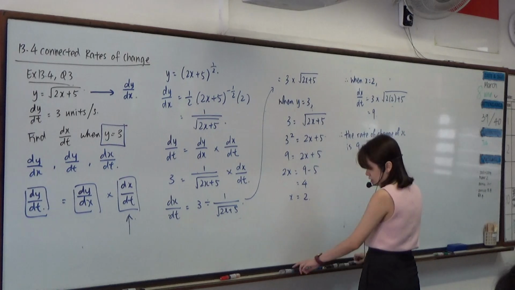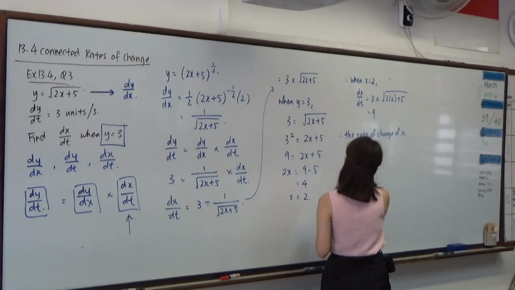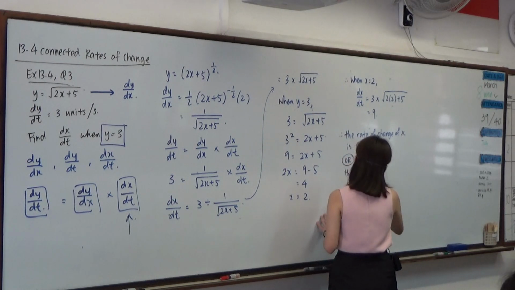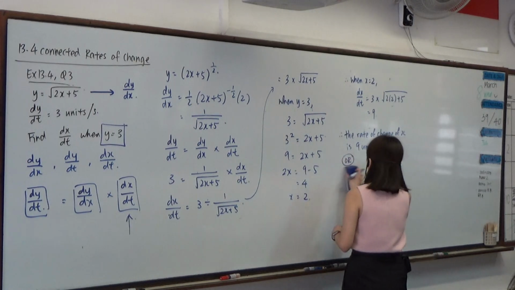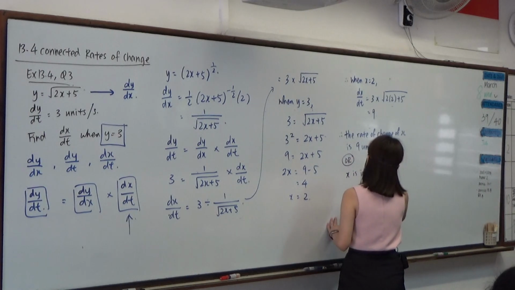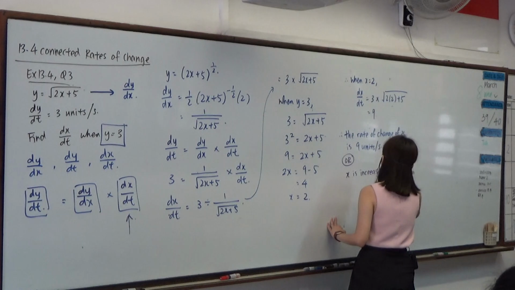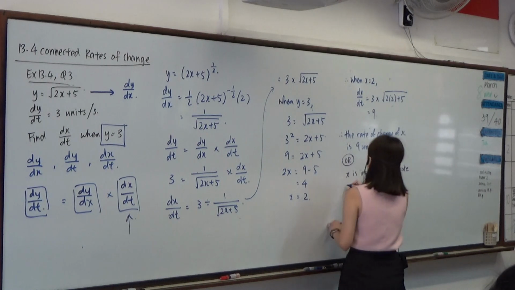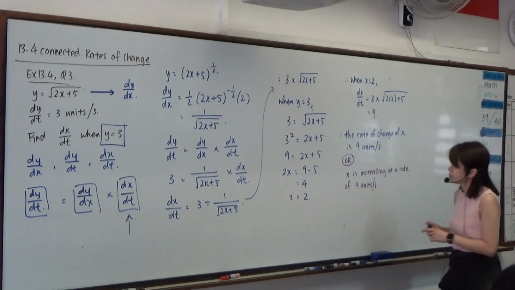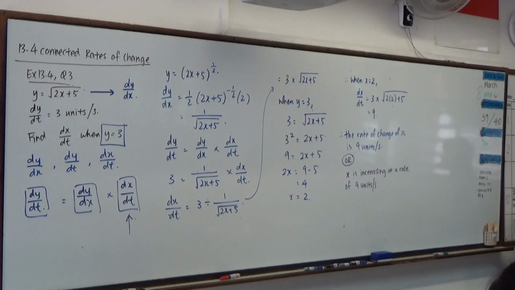Alternatively, seeing that it's positive, you could also say x is increasing at a rate of 9 units per second.